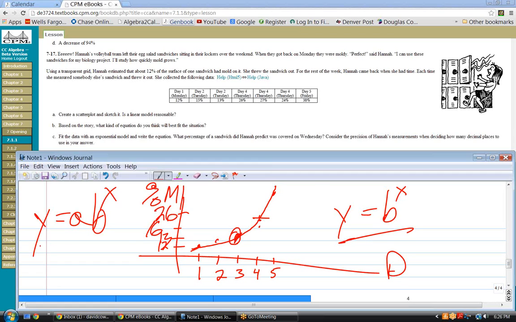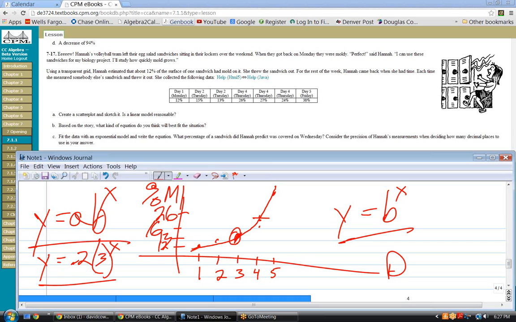Once you get the model where you have A and B, say you get y equals 0.2 times 3 to the x power. In other words, that's the kind of equation your calculator gives you back when you give it a scatter plot and say, do an exponential regression for me.